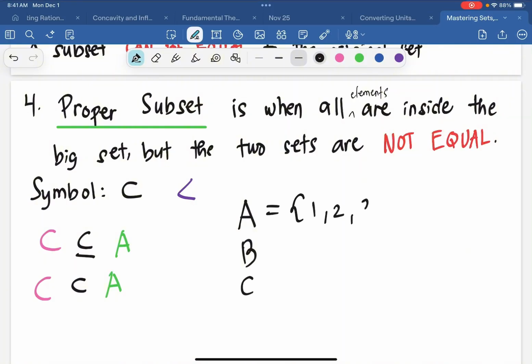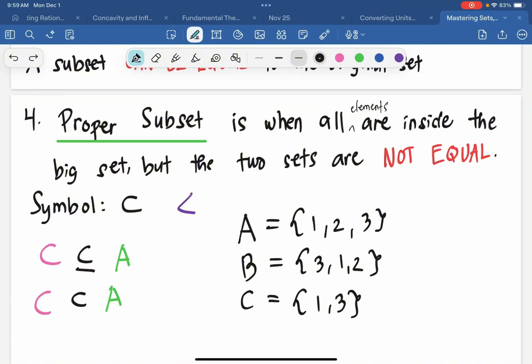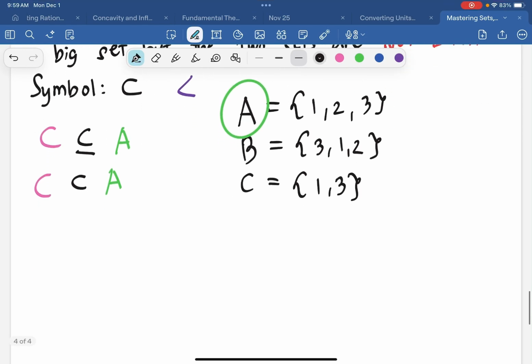Another thing, if we are to compare, let's have sets A, B, C. A is 1, 2, 3. B is 3, 1, 2. And C, we only have 1 and 3. Based on this, assuming that our set A here is the original set, we could say that B is a subset of A since B has all the elements of A, despite the order.